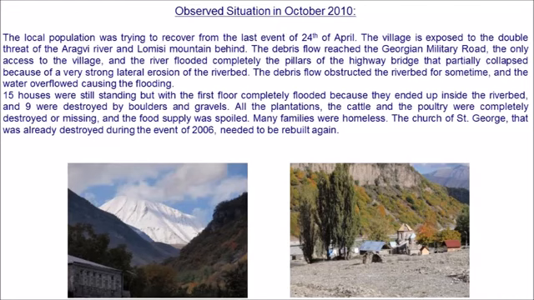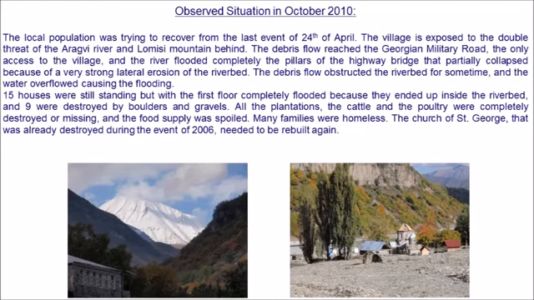And all these debris reached the Georgian military road, that is the only highway, the only infrastructure connecting Mleta with the rest of the country. So in a first moment, Mleta was isolated. There was no way to bring them the first aid and to support them.